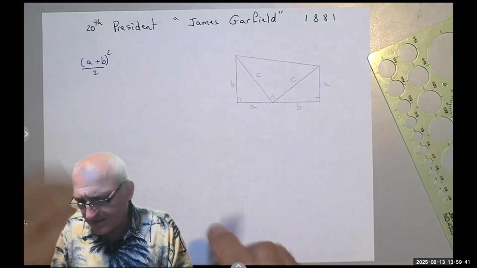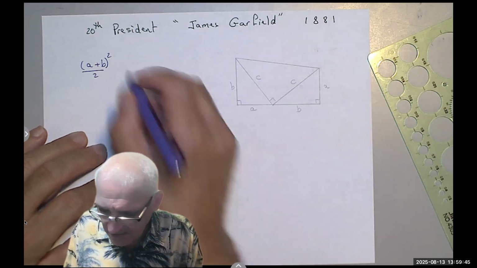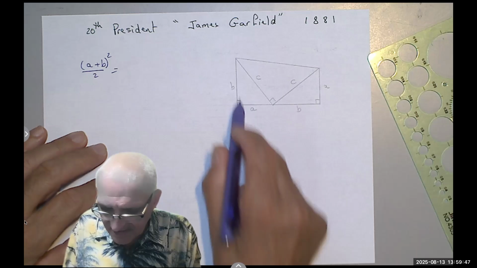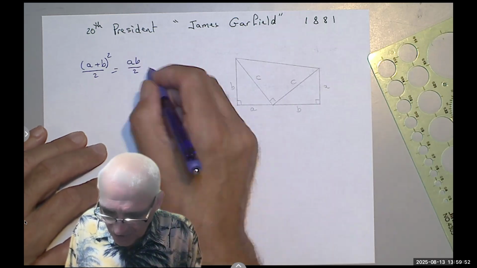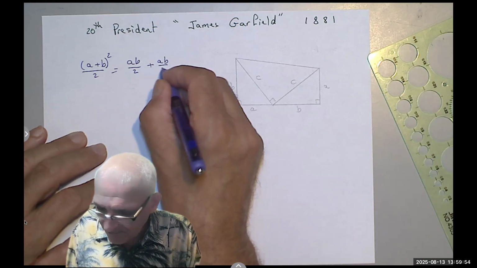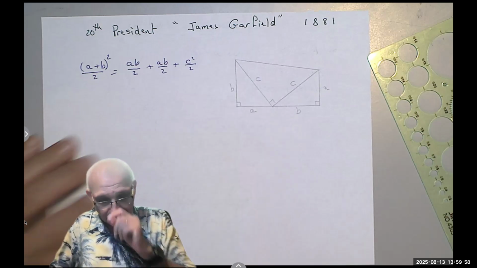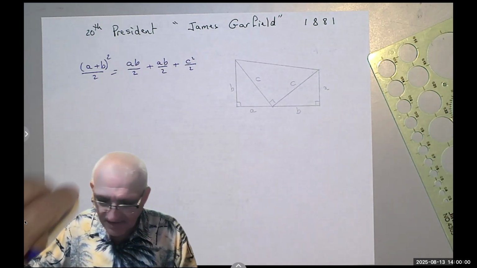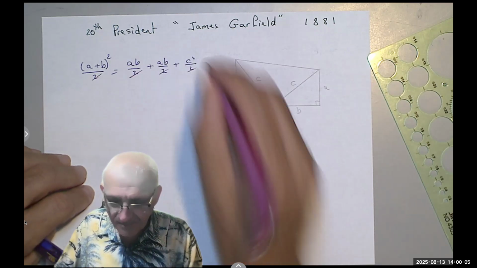And then he said, but guess what? It's the same as the area of three triangles. The first triangle is AB over 2. The second one is also AB over 2. And the third one is C squared over 2. He said, just for simplicity, let's multiply right and left by 2.